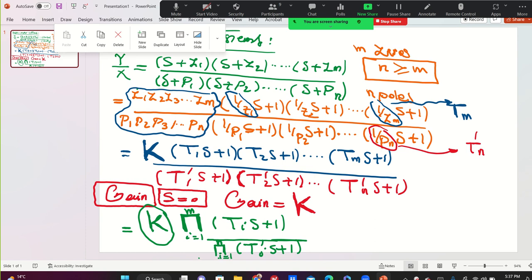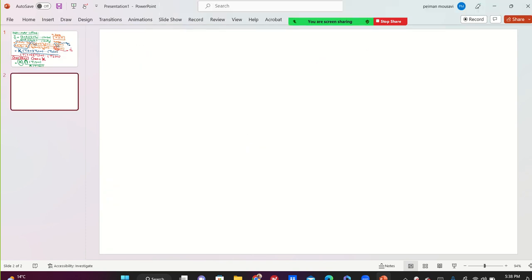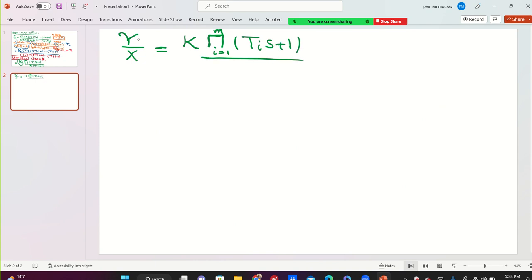So in summary, we ended up with x over y equal K multiplied by the product over i from 1 to m of Ti s plus 1, divided by the product over j from 1 to n of T prime j s plus 1.